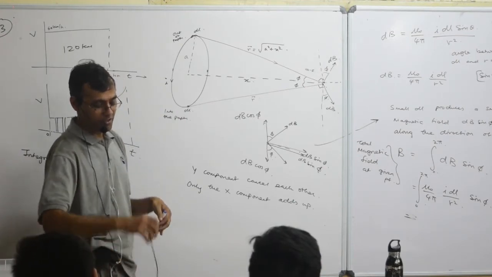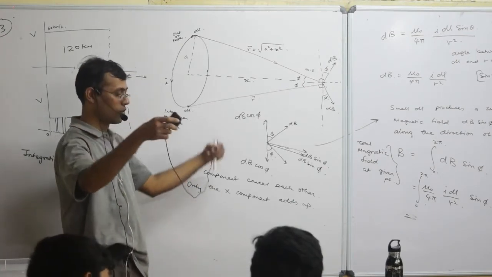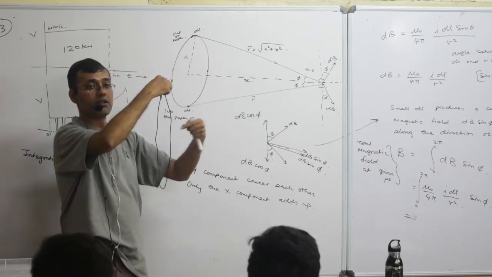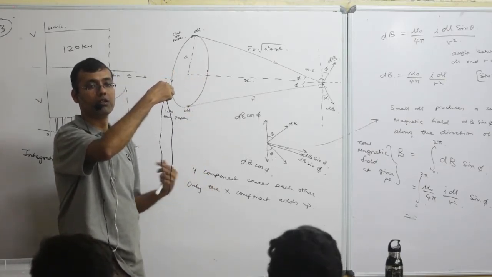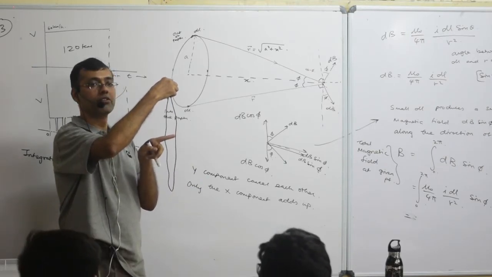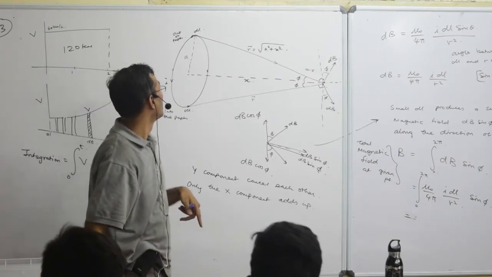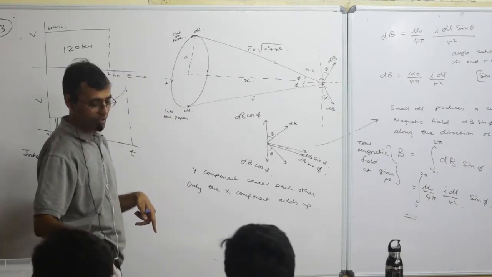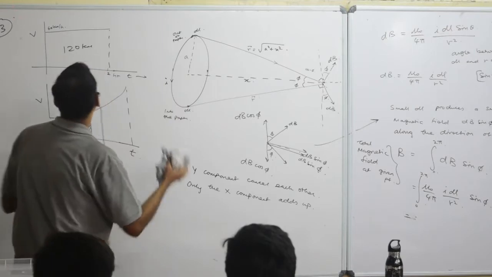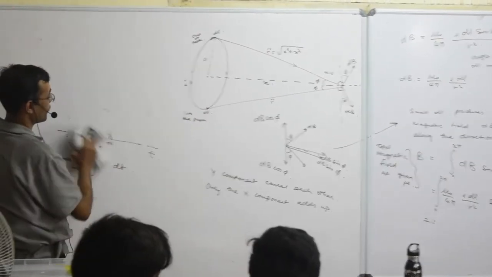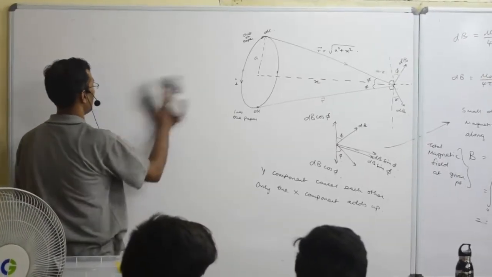I told you this is a loop, and x is the distance from the center here. So if x is equal to 0, what does that mean? It means the center of the loop. So when you say x is equal to 0, we mean this point. So that's a special case. Simply substitute x is equal to 0, you'll get the answer. Write it yourself.